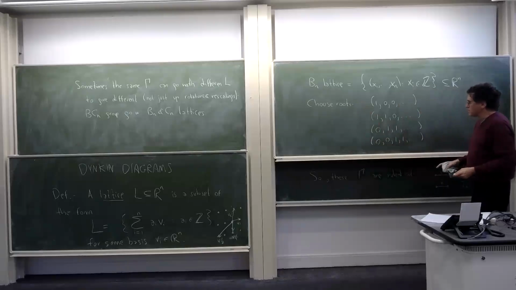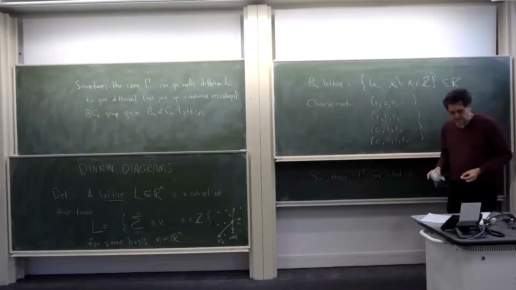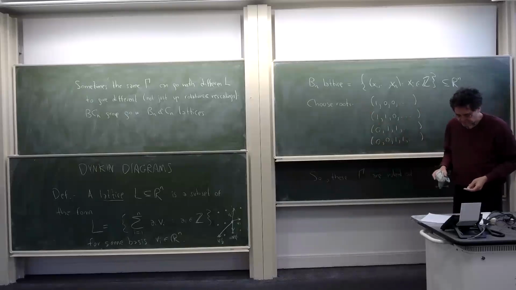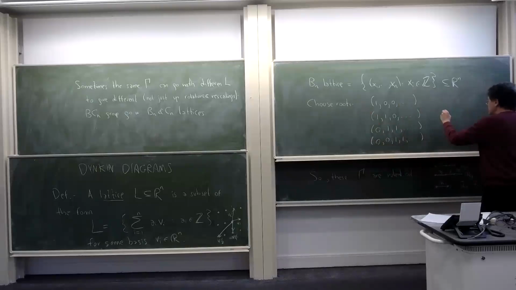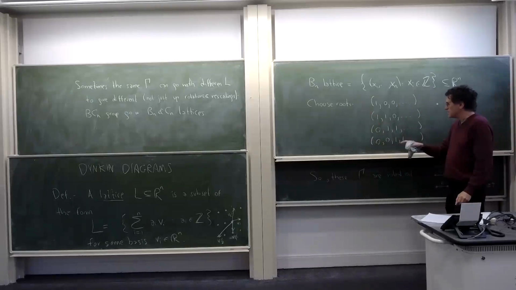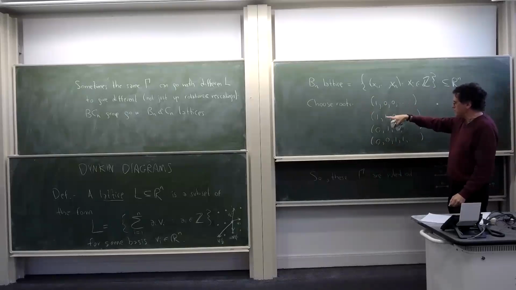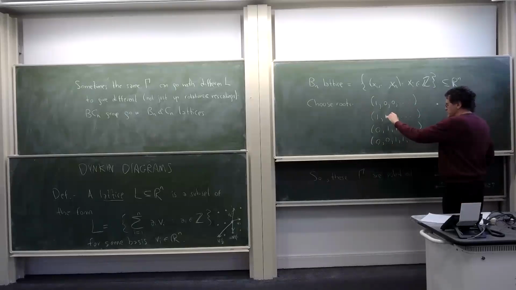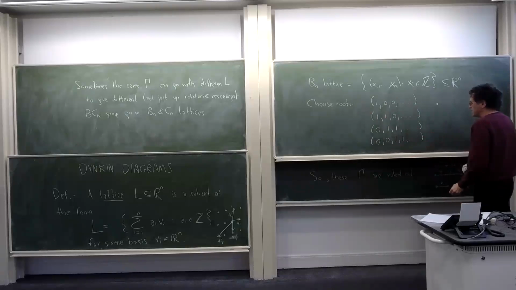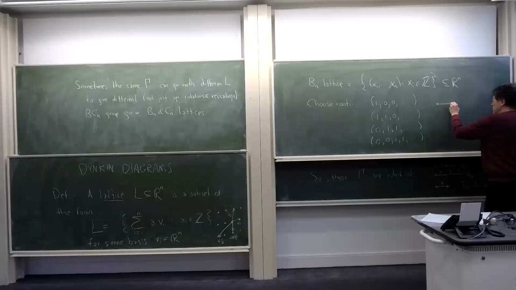So we can do this kind of thing. And if you look at it, you see that the angle between these 2 vectors is 45 degrees, whereas the angle between any successive ones of these next to each other is pi over 3, 60 degrees.